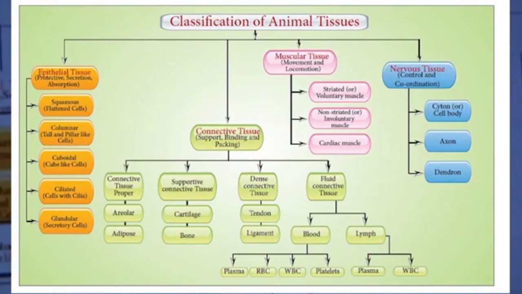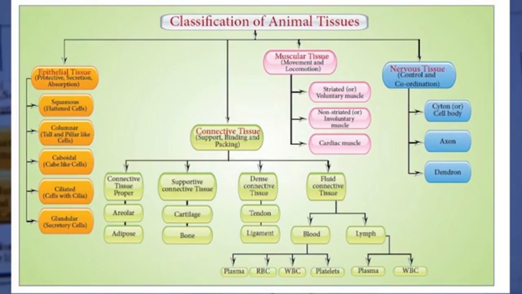Then dense connective tissue and fluid connective tissue, which is blood. Then muscular tissue is of three types: striated muscle, non-striated muscle, and cardiac muscle. And nervous tissue has a single structure. When we study the structure of the neuron, we will discuss it.